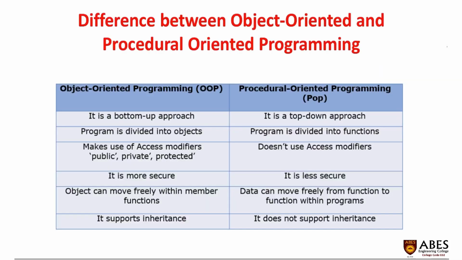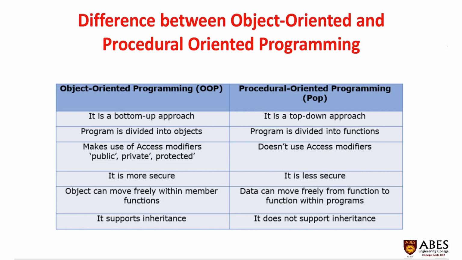Now the difference between object-oriented programming and procedure-oriented programming. There are some basic differences. Object-oriented programming is a bottom-up approach, whereas procedure-oriented programming is a top-down approach.